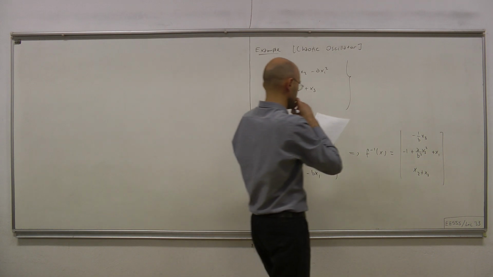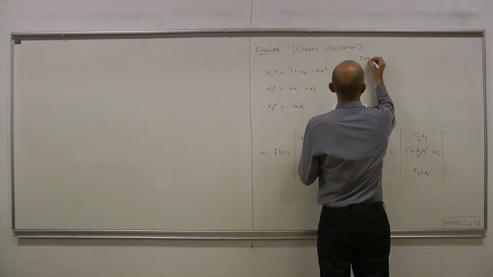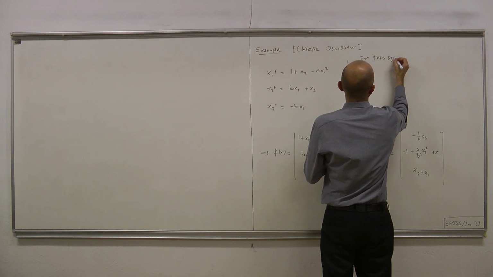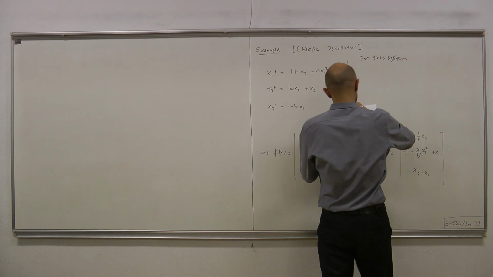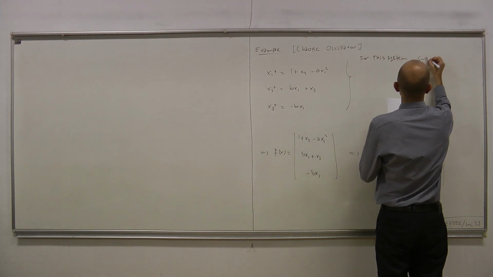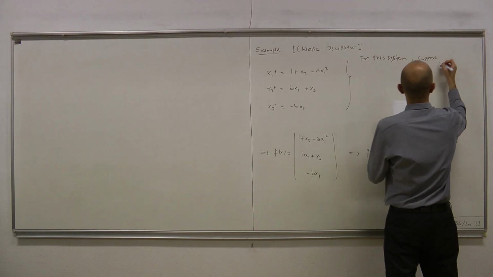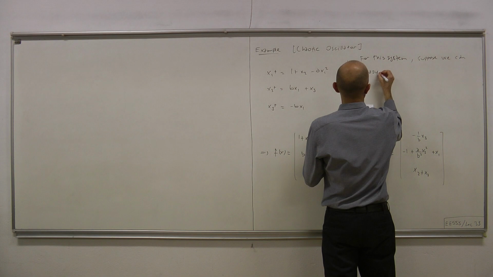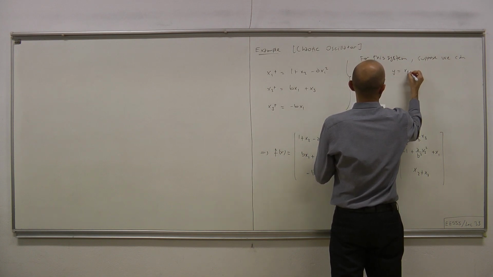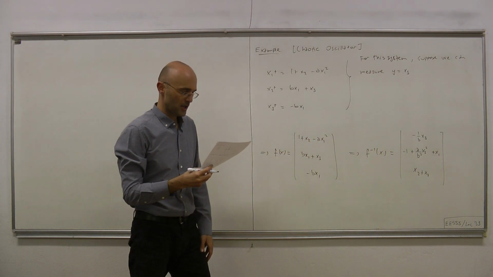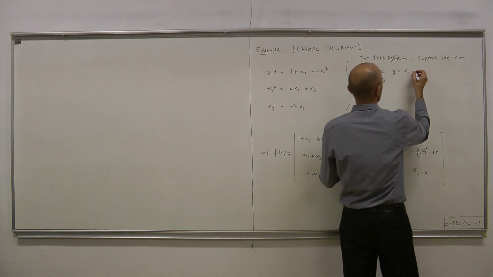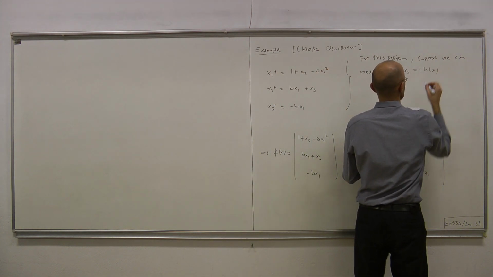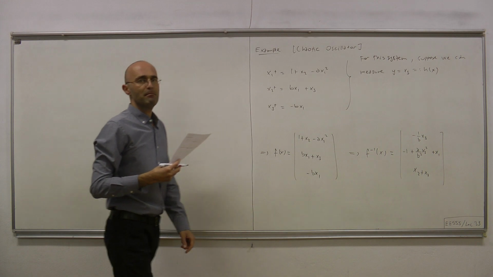Okay, so for this system, suppose we can measure the output y, which is x3. Therefore, this is how we define our mapping h.